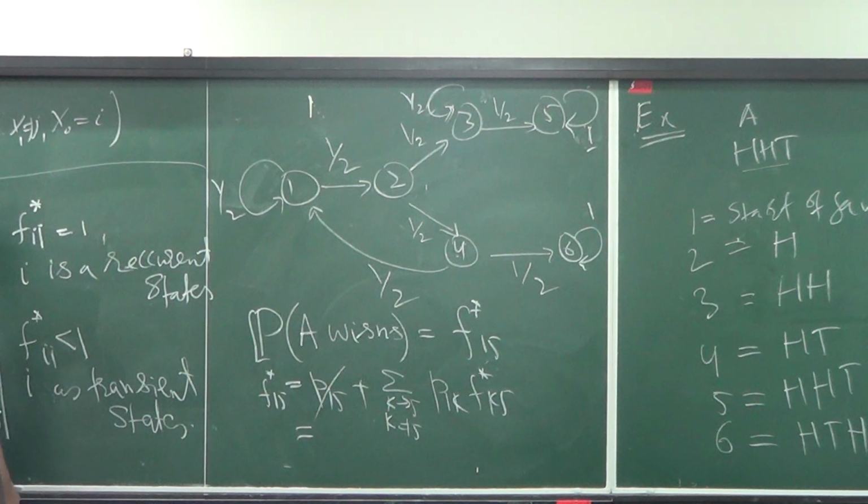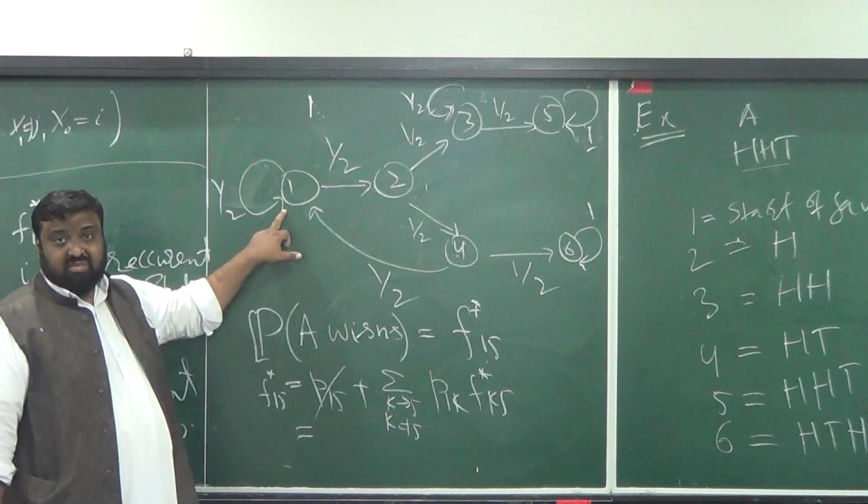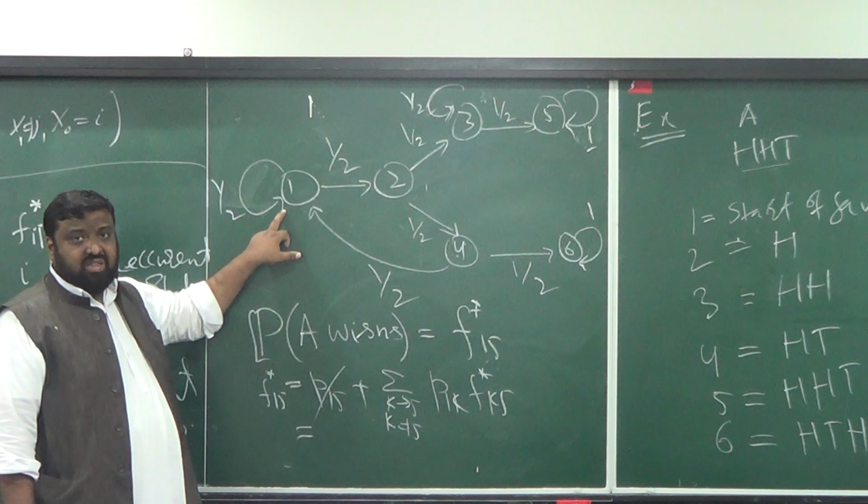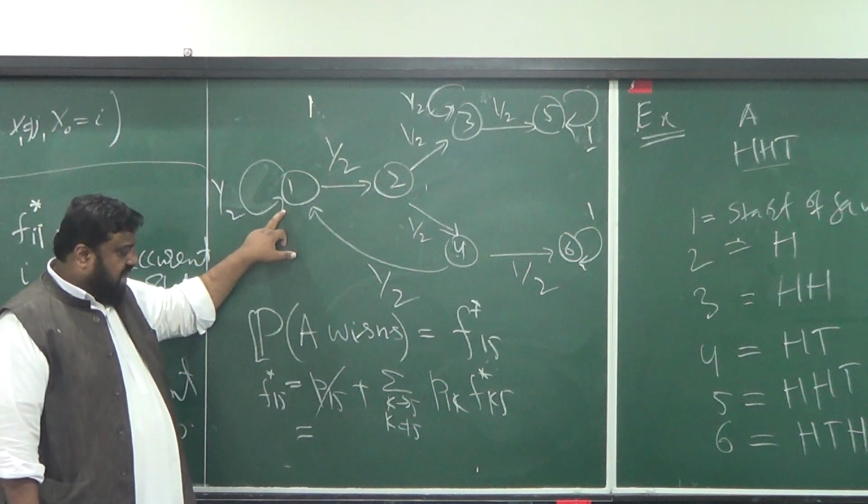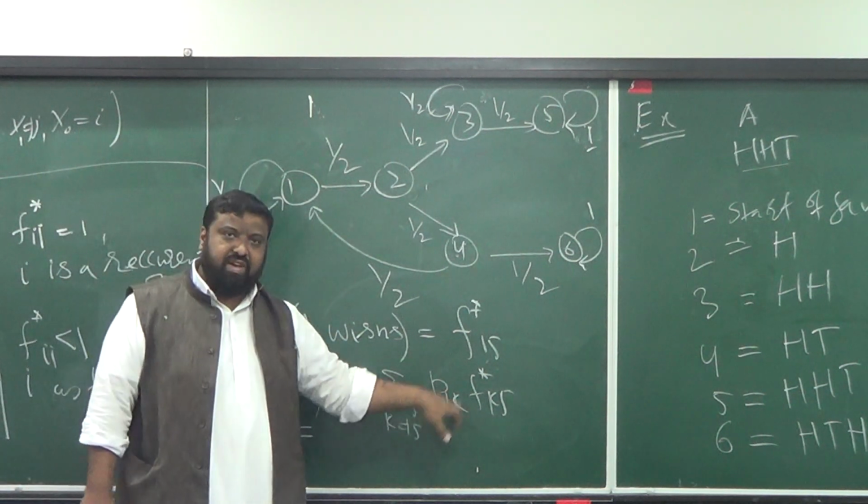In other words, I can reach from k to some state to 5. So this could be 1 itself. But sir, p15 is 0, we saw. I'm sorry? Okay, since you have p15, it's going to be 0.